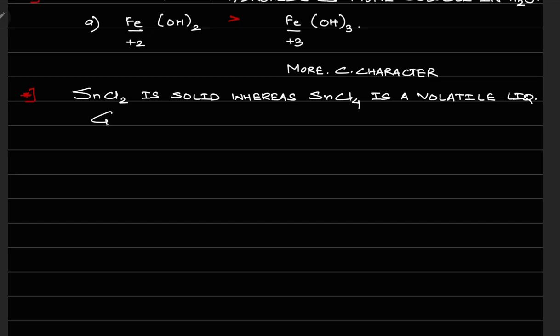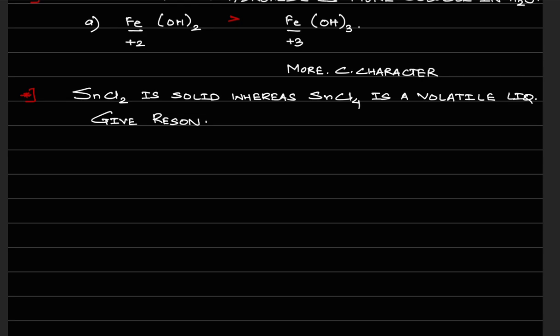You have to give the reason for this. The question is, SnCl2 is solid at room temperature, obviously, and SnCl4 is a volatile liquid at room temperature. Why is it so? You will answer it in comments.